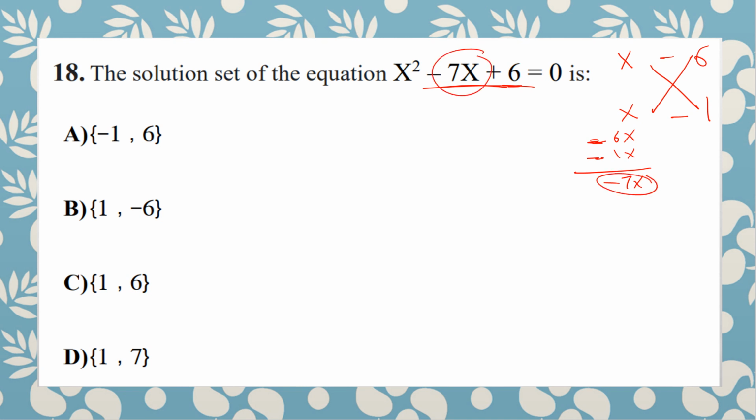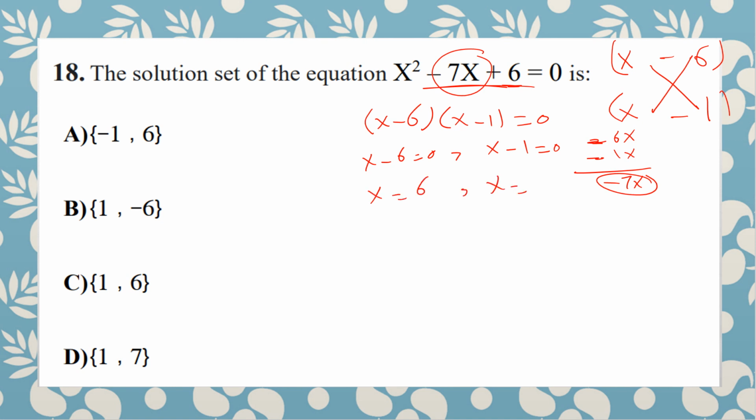So we can write this equation as x minus 6 times x minus 1 equals 0. So x minus 6 equals 0, and x minus 1 equals 0. So x equals 6 and x equals 1. So the solution set is 1 and 6. So the correct answer is C.